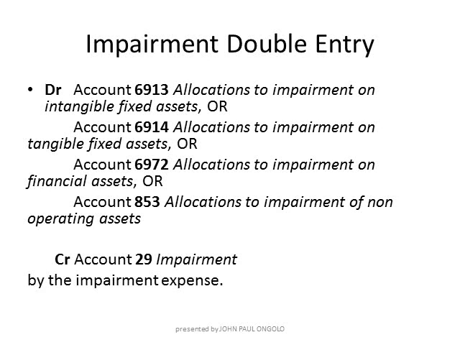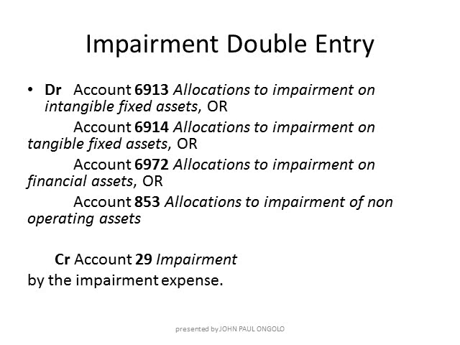So first, we debit account 6913 if we are considering impairment on intangible fixed assets, or account 6914 if we are considering impairment on tangible fixed assets, or 6972 if we are considering impairment on financial assets, or account 853 if we are considering impairment of non-operating assets.